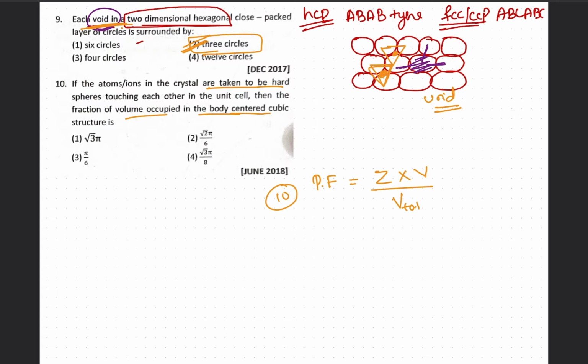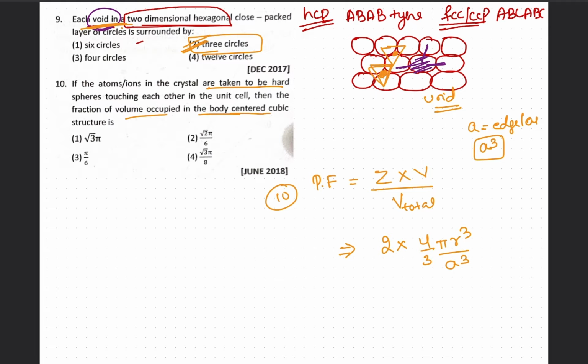Okay. Now, if we consider the total volume, if a is the edge length, right, the total volume of the cube will be a cube. In a body centered cubic, there are 2 atoms, and the volume of each is 4/3 pi r cube, divided by a cube, right.